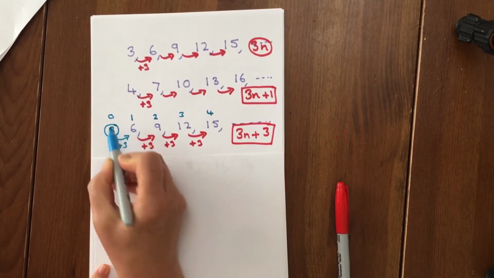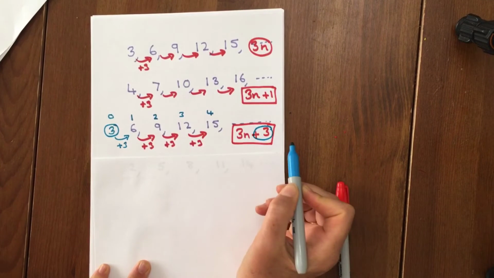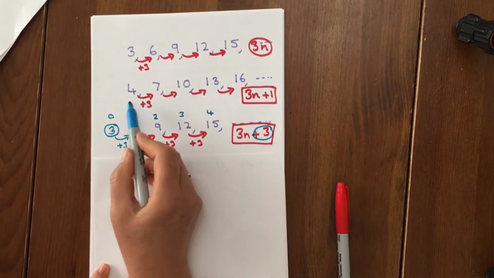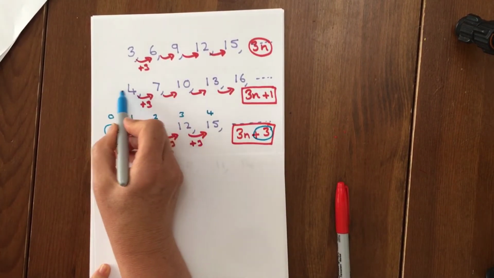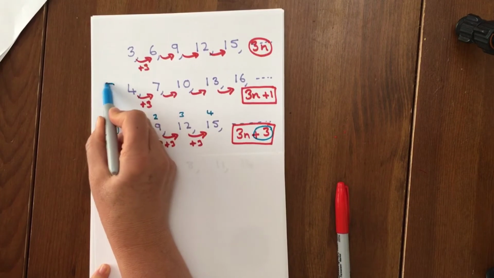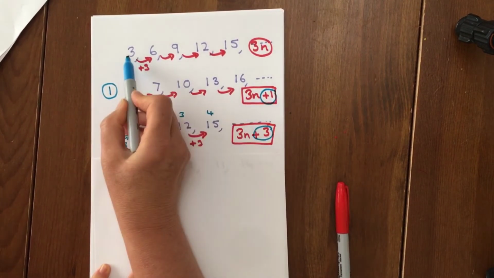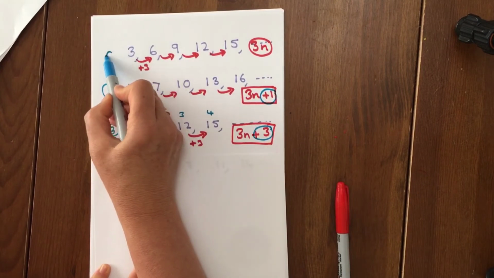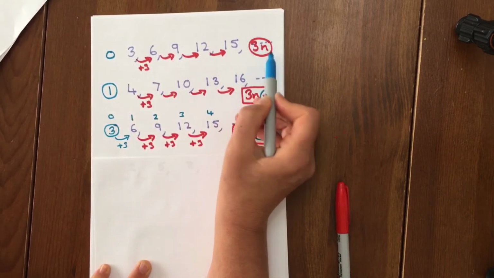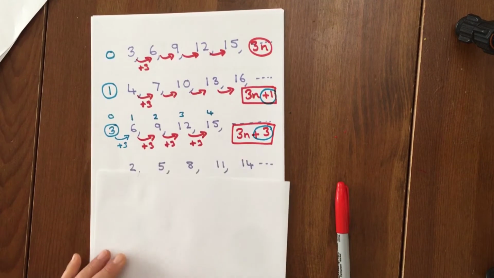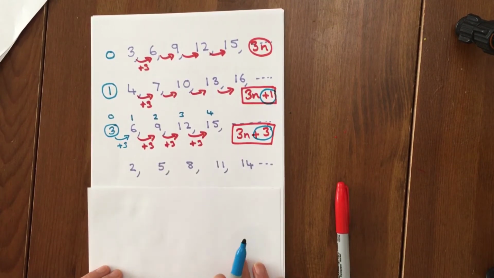This value here is what I'm adding. Let's just check it works for this one here. If I went back 3, it would be 1. So I'm adding 1. And if we looked at this one, if I went back 3, I'm adding 0. So it's just 3n.